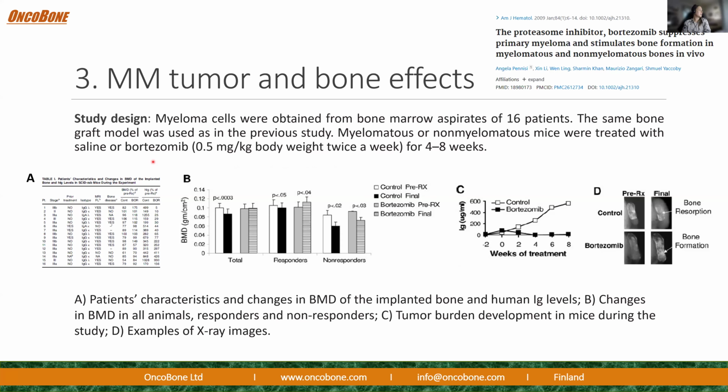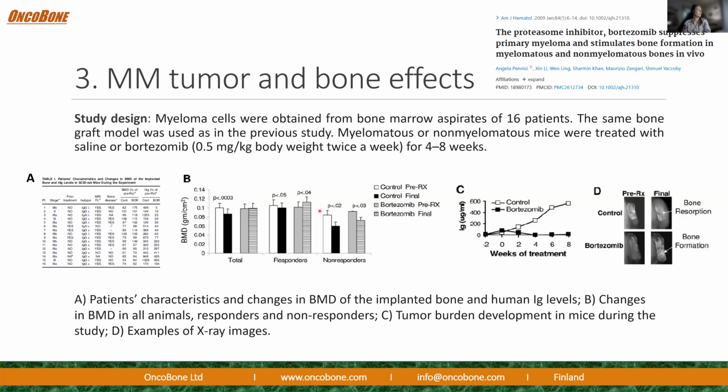In panel A, we can see that patients with different stages of disease and whether they had an active bone disease or not were included. And if we have a look at what's happening to their BMD, we can concentrate on the grayish bars over here. So this is the mice before the treatment and with treatment of bortezomib. So here it doesn't seem to be much difference.